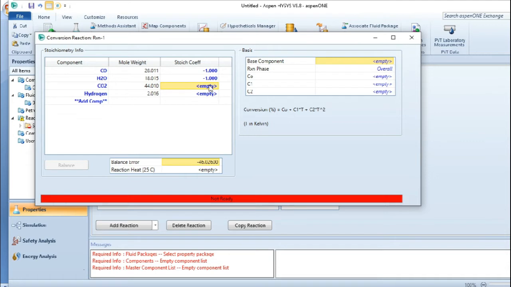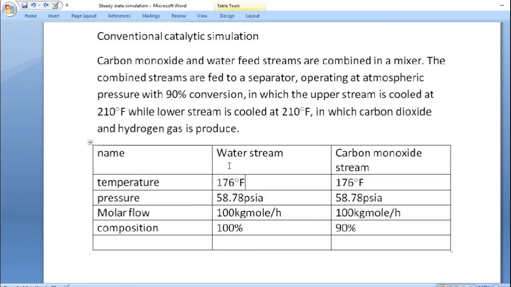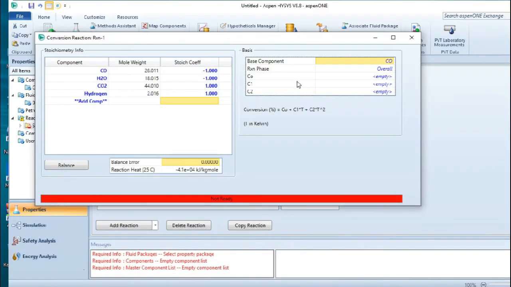Then the products have positive signs, since they are produced, while the reactants are consumed. So let's consult the question again. The question says 90% conversion. So this is 90%.